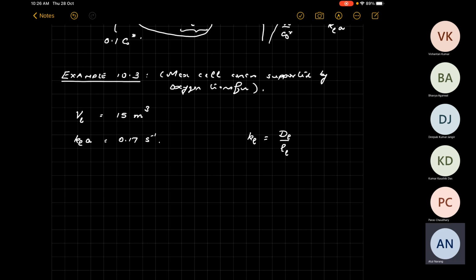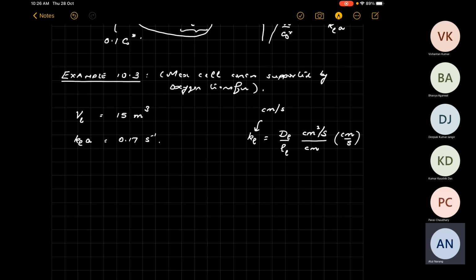So the diffusion coefficient has units of centimeter square per second, and LL has units of centimeters. That means KL alone has units of centimeters per second. Let me emphasize, it has units of velocity.